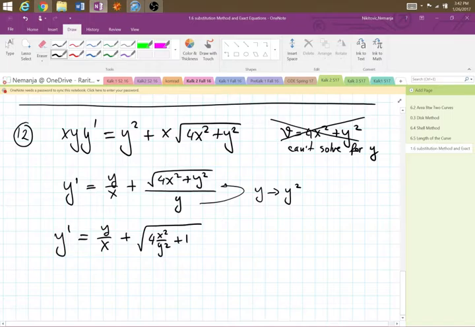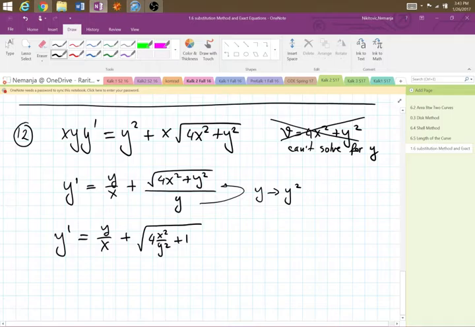You see this? So you see there is y over x and there is x over y.